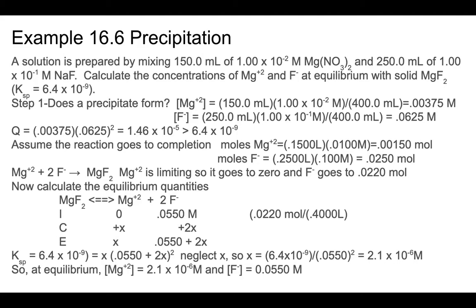Now, we assume the reaction goes to completion. We first calculate the moles of magnesium ion, 0.0015, the moles of fluoride, 0.025, and we look at the balanced equation, Mg plus 2F minus. Well, it's going to be 2 fluorides for every magnesium, but we have a lot more than 2. We have almost 20 times as many fluorides as magnesium, so we have lots of fluoride compared to magnesium.